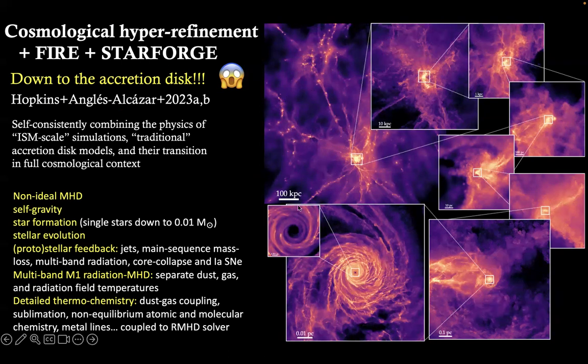These are very recent simulations where we incorporate FIRE physics on galaxy scales, then increase the resolution similar to what we did before, but now we keep increasing the resolution down to a point where we have to switch to a model where stars begin to form individually. For this, we use the StarForge model of Mike Grudić and collaborators.